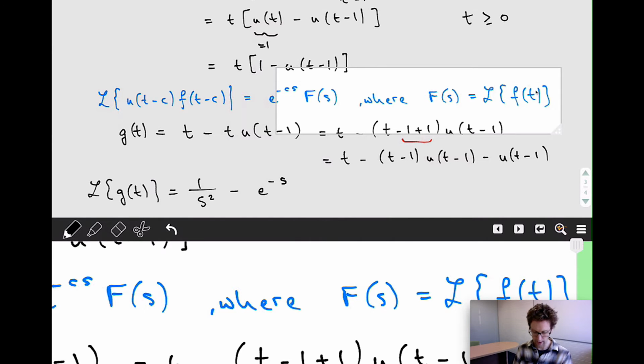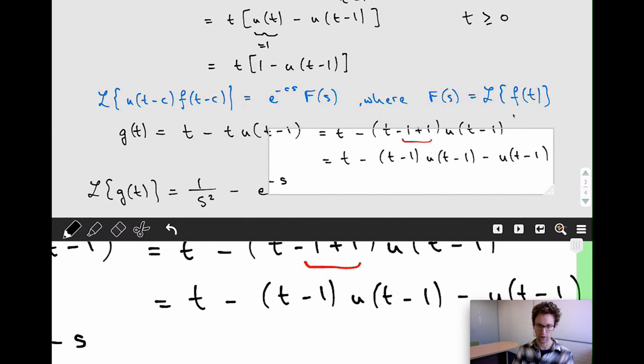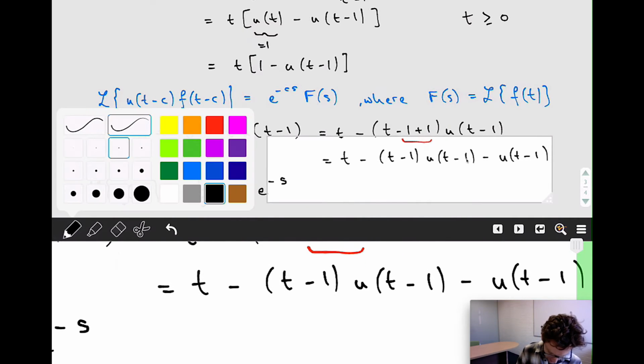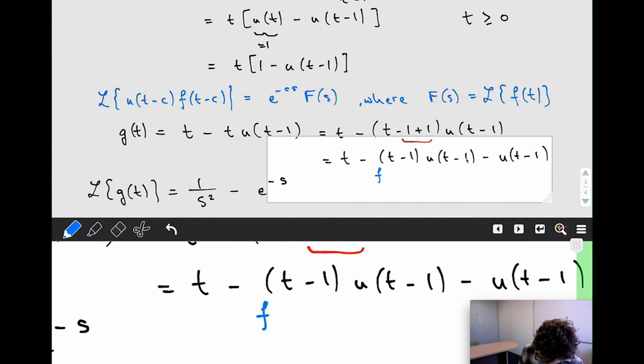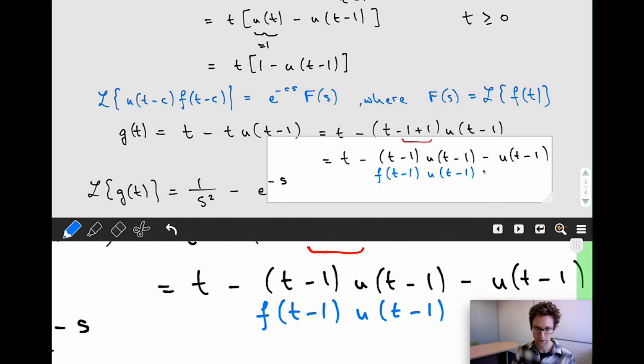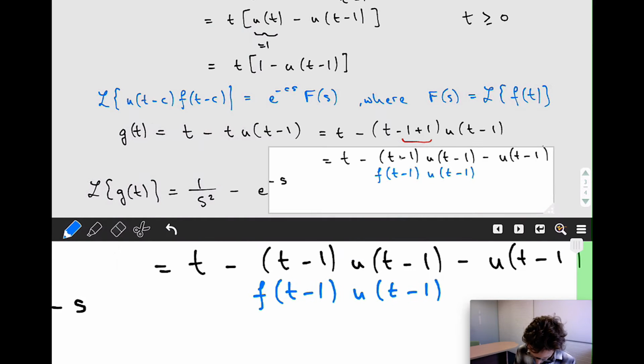So we need to figure out, looking at this expression here, what is the unshifted, uncut function. So let me write underneath this what the shift and the cut looks like. So you can see that u(t minus 1), that's the cut. f(t minus 1) is t minus 1. So that implies that f(t), without a shift, without a cut, is just t.